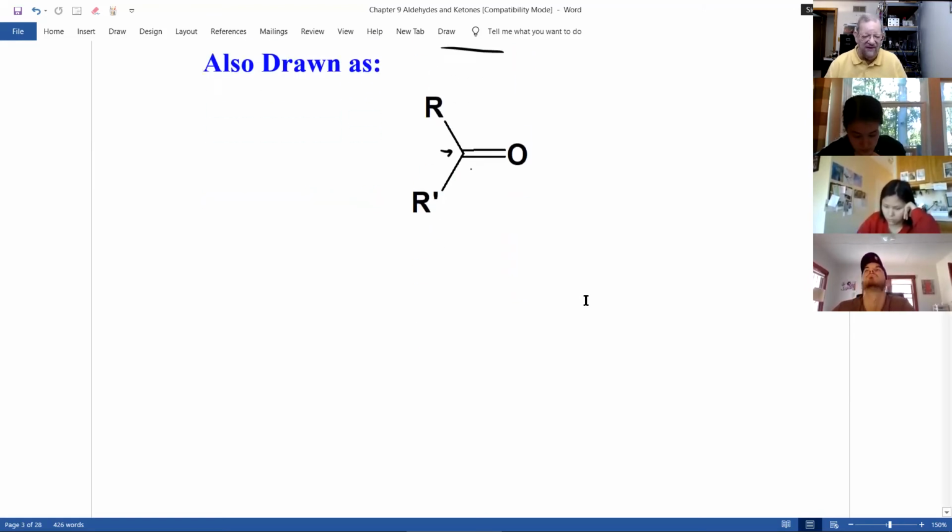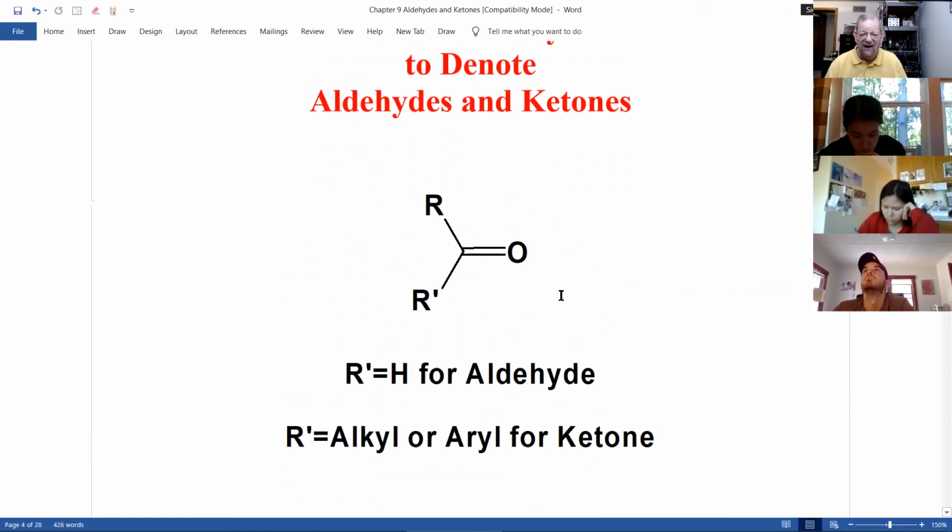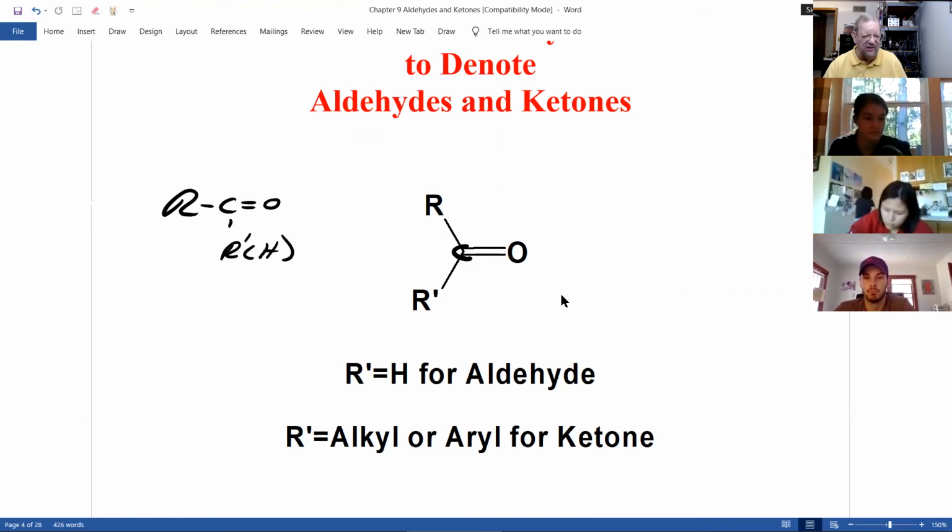So we have the two molecules. Now, later on, and I should have a C here, I will realistically write ketones and aldehydes like this. And when R prime is hydrogen, it's an aldehyde.